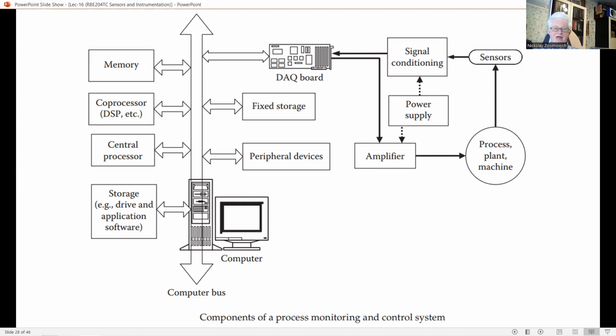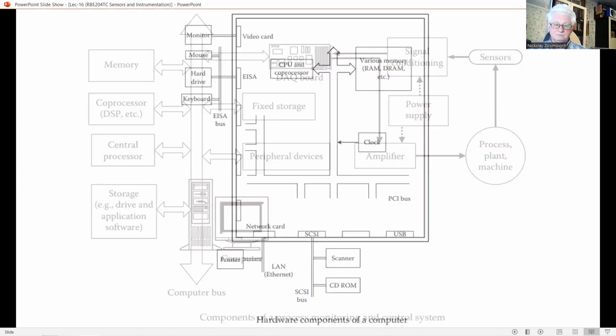In the system, the digital computer will perform tasks such as signal processing, data analysis and reduction, parameter estimation, model identification, diagnosis, performance analysis, decision-making, tuning, and control. Essentially, the computer performs the end objective of the entire DAQ monitoring process.